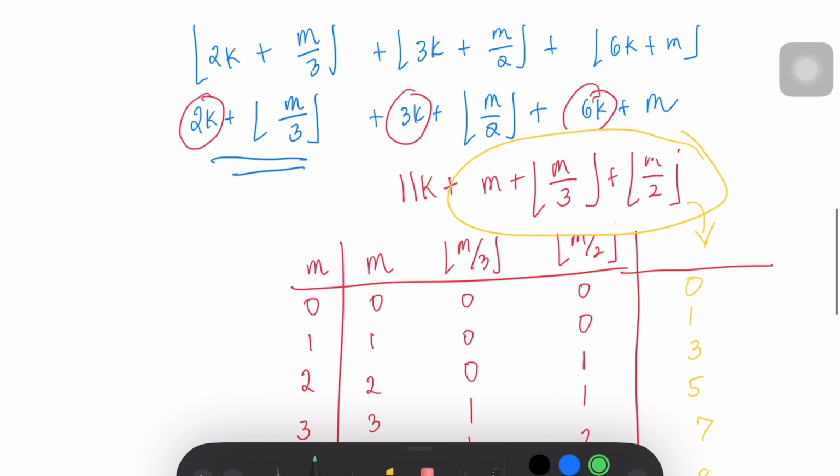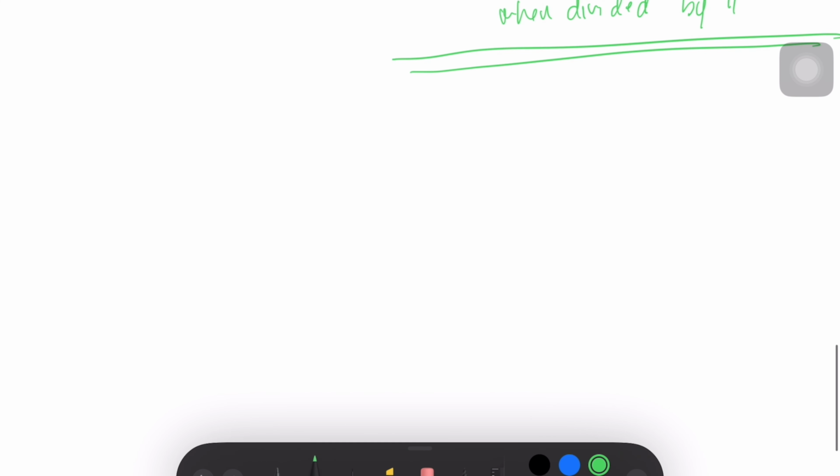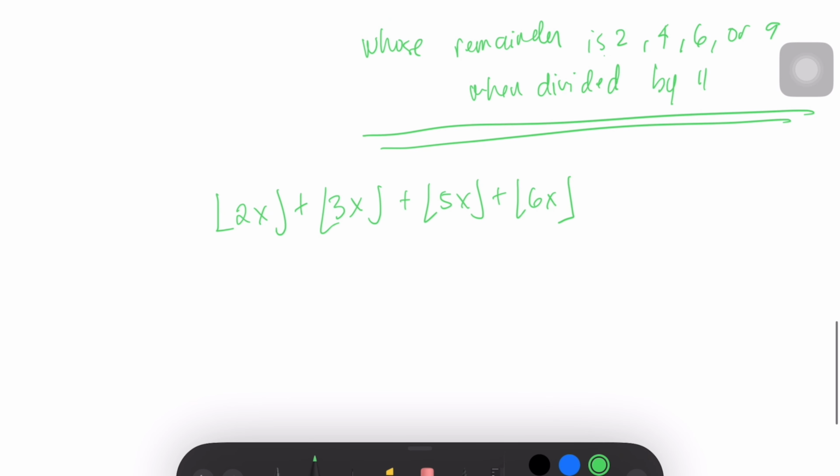As an exercise, I'd like you to try to find the integers that can be written in the form 2x plus 3x plus 5x plus 6x. So there's an addition of 5x compared to what we did earlier. The method is the same, and it should work regardless of the number of items here.